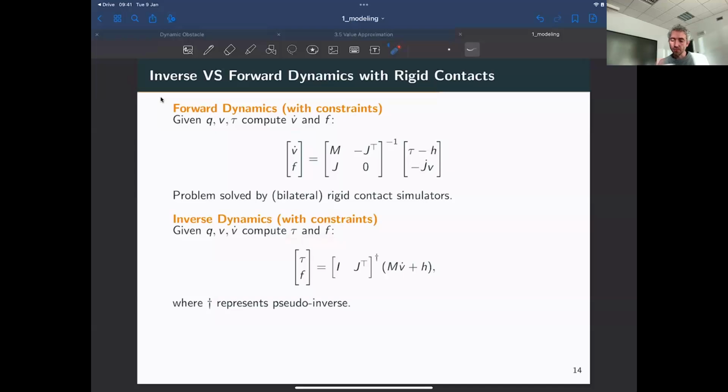And in this case, if we try to solve the previous system of equations, what we get is this, that we can compute tau and F using this expression, where we cannot take an inverse here in general, because in general this matrix is not square. It can be whatever dimension, it depends on the dimension of J. And so in general here, we need to work with a pseudo-inverse.